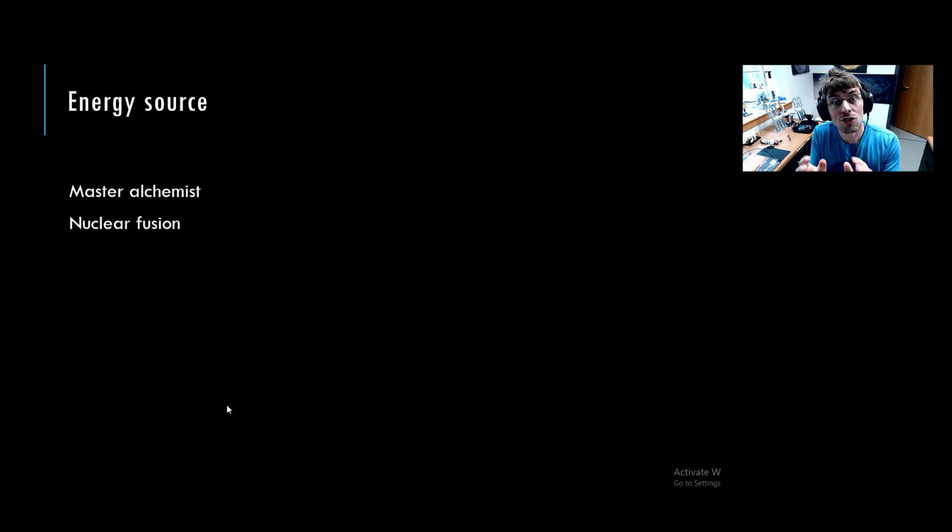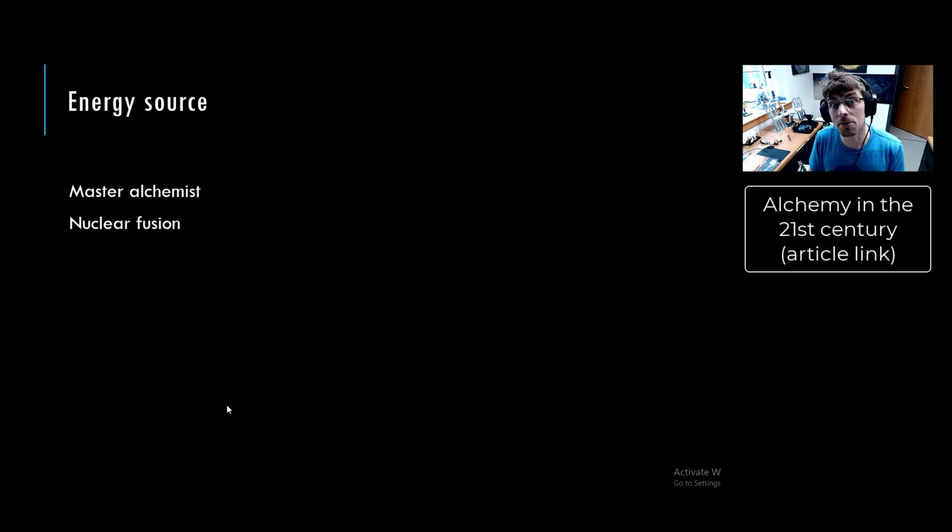Okay? Stars also do this process, except rather than taking an atom and breaking it apart into different atoms, it takes two atoms and combines them together to form a new element. Okay?